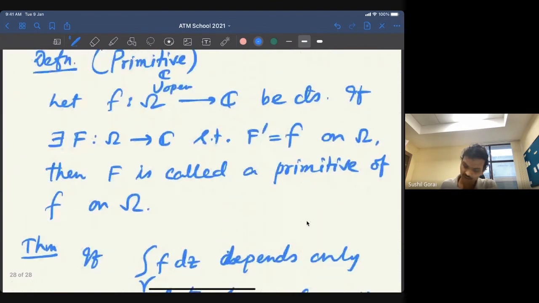Here you see we are looking at F prime, which means that F is holomorphic already.